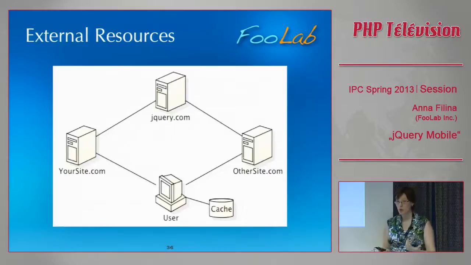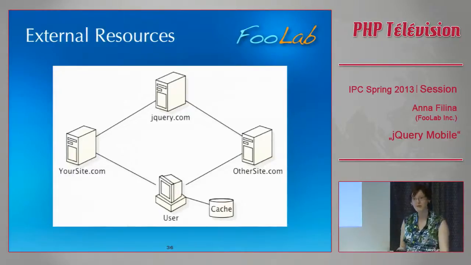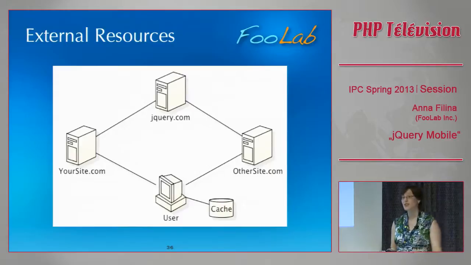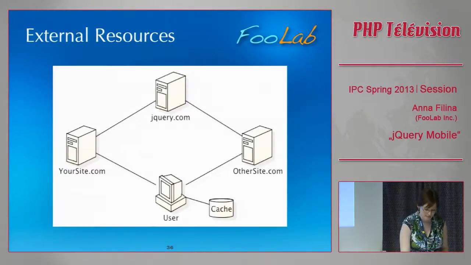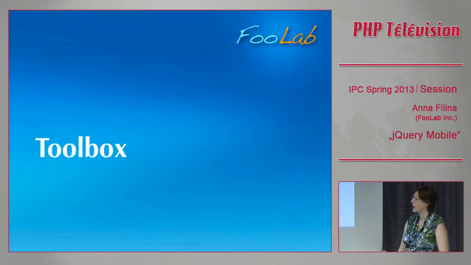It will be already loaded in the cache, and so your own website will, as a result, benefit from that cache and will load much faster. So the only thing that will really load is your own images and your own HTML.